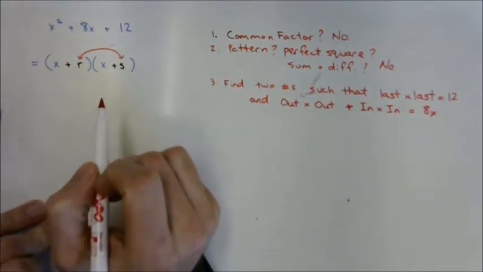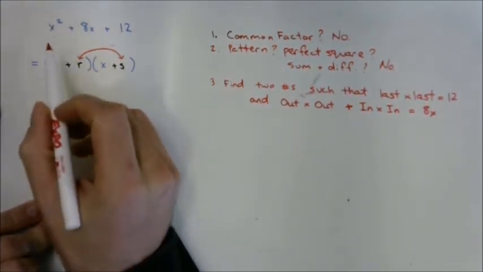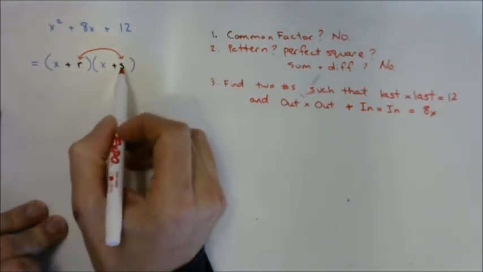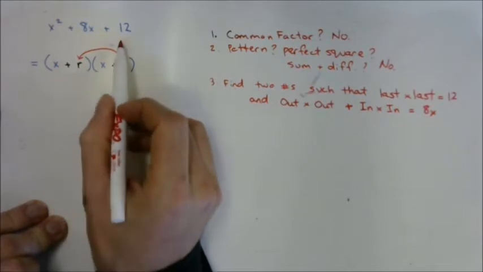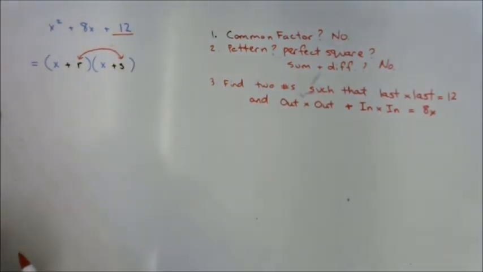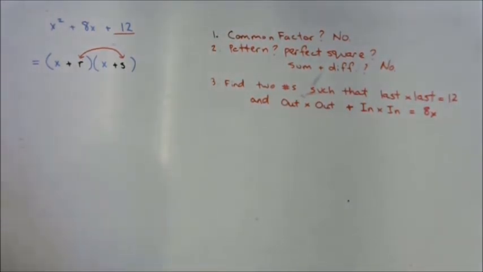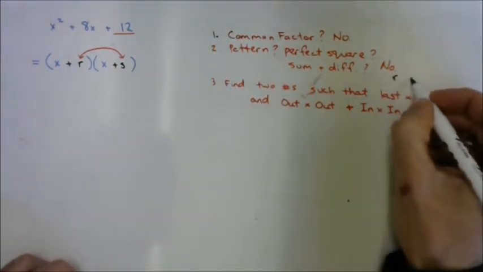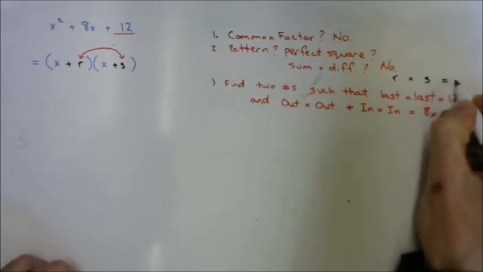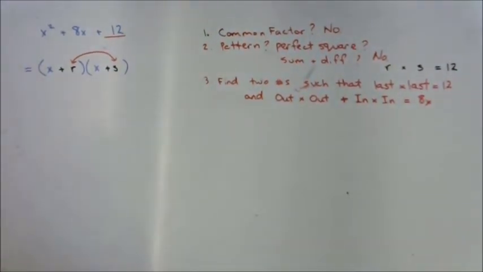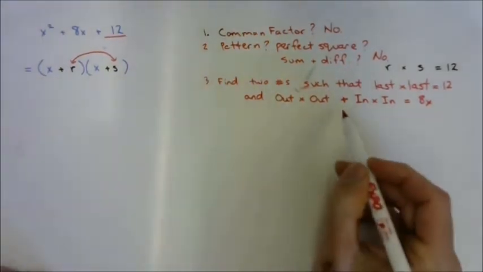Well, that's going to result in the only term with no x in it. No x here, no x here. R times s is going to be our constant term. Okay? So when I'm talking about this last times last, that's going to be r times s equals 12.